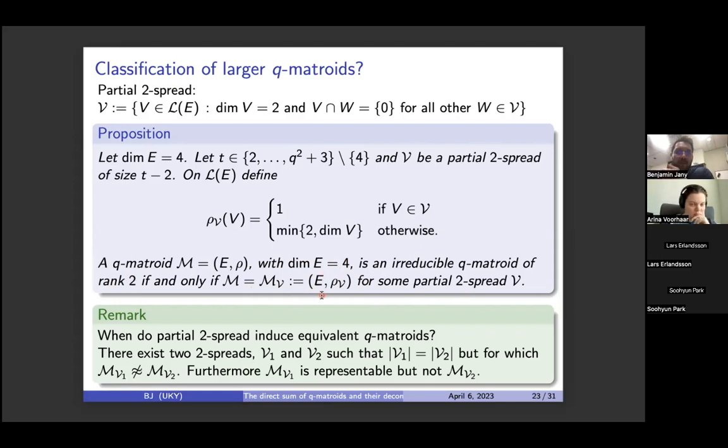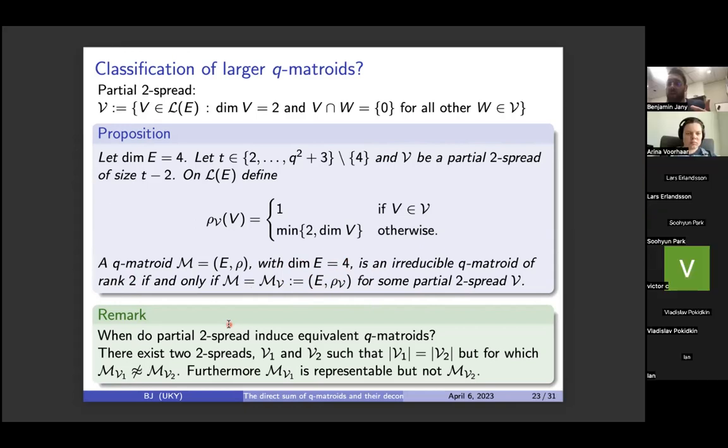So we can have an idea of what those irreducible q-matroids are, right? But the problem is, given two partial two-spreads, how do you know whether the induced q-matroids are equivalent or not? That becomes quite tricky, because we were able to find an example of two partial two-spreads that have the same cardinality, but for which the induced q-matroids are not equivalent.